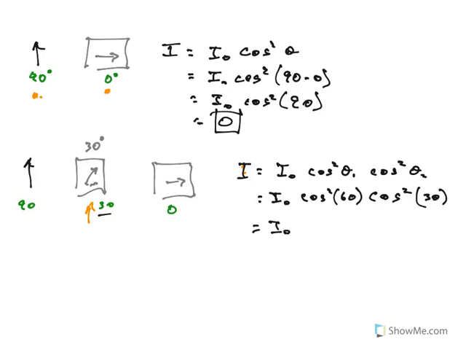And if I do this calculation, obviously I'm not going to get 0 anymore. I get 3/4 from the first cosine squared, and I get 1/4 from the other one. So I get 3/16 I naught. Well, this is very weird. I start with a system, this one at the top, where I know this filter on the right blocks all the light completely.